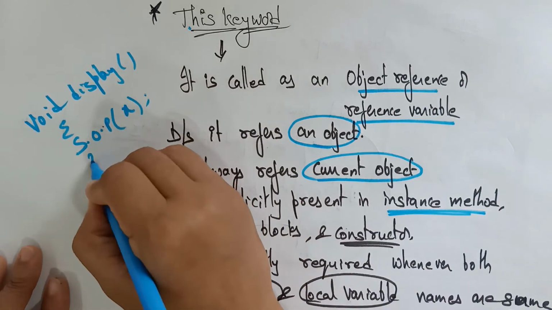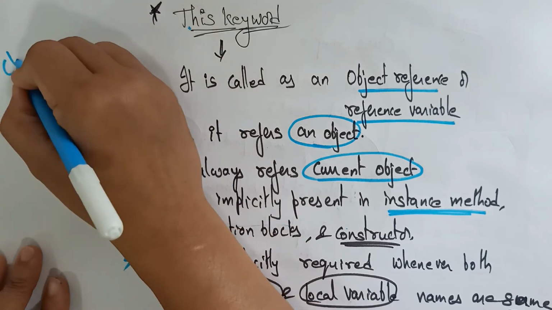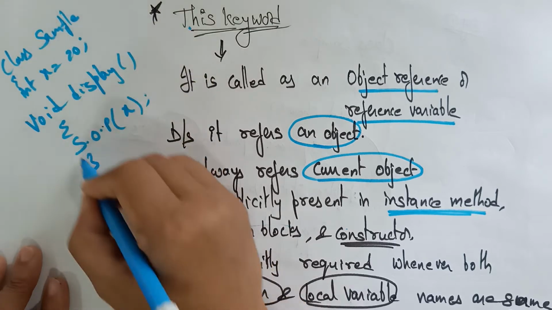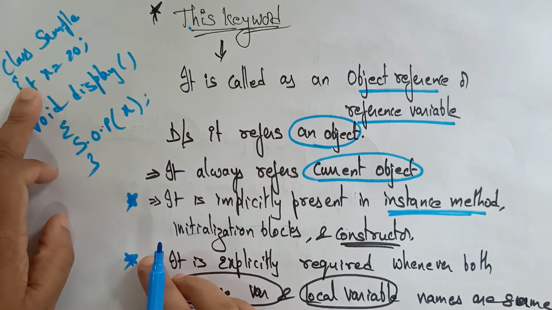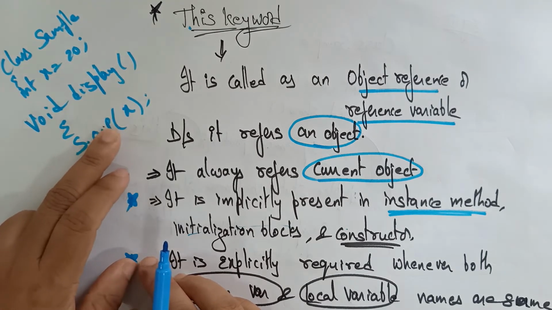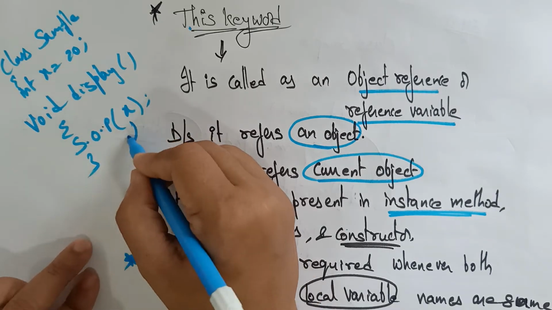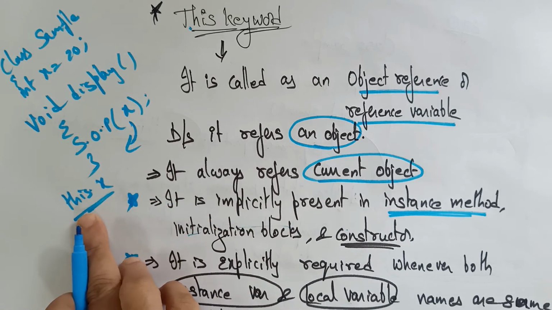Here int x is equal to 20, in a class Sample, so an instance variable is created. If I want to access this, to allocate memory to this variable, first an object has to be created and then the display function called. This is an instance method. Here, this x is nothing but this dot x. It refers to the current object, and the current object's value is going to be printed.